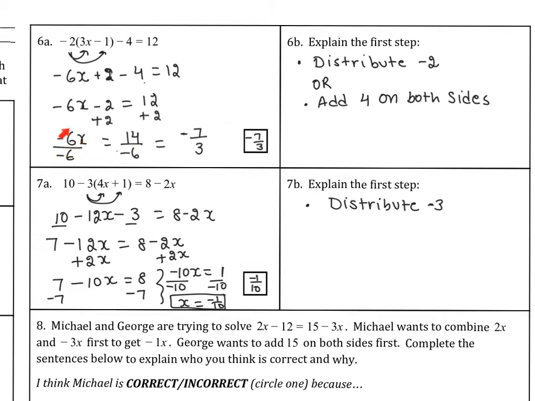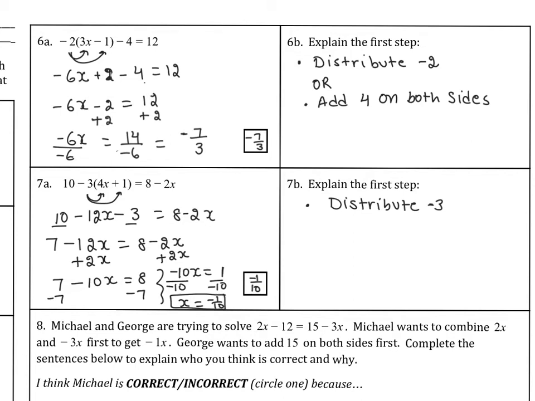So you're going to get rid of negative 6, so you divide with negative 6 on both sides. The negative 6 cancel. 14 divided by 6 would be negative 7 over 3, because 14 is divisible by 2, 6 is also divisible by 2, so 7 over 3. So your first step could be distribute negative 2 inside or add 4 on both sides.